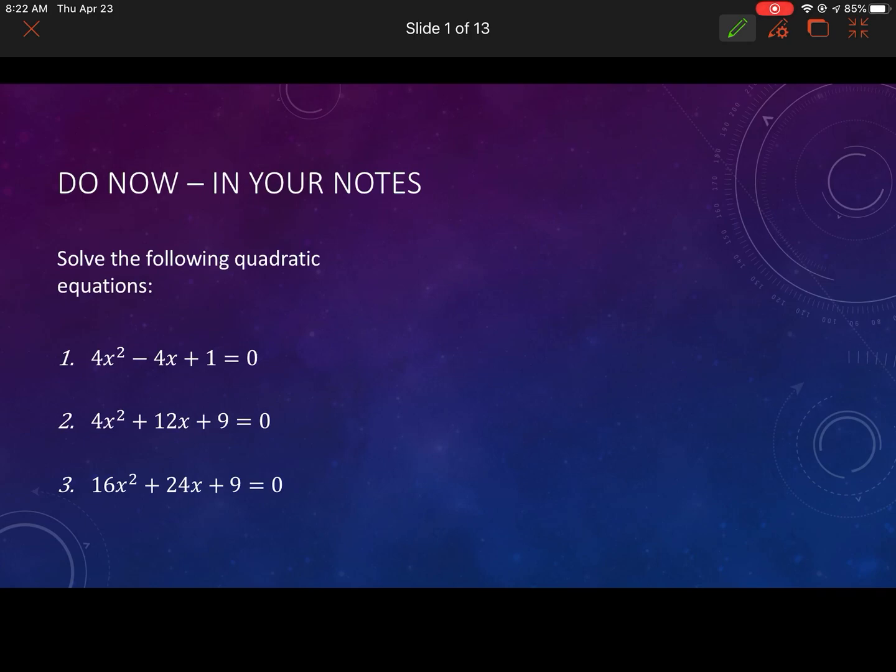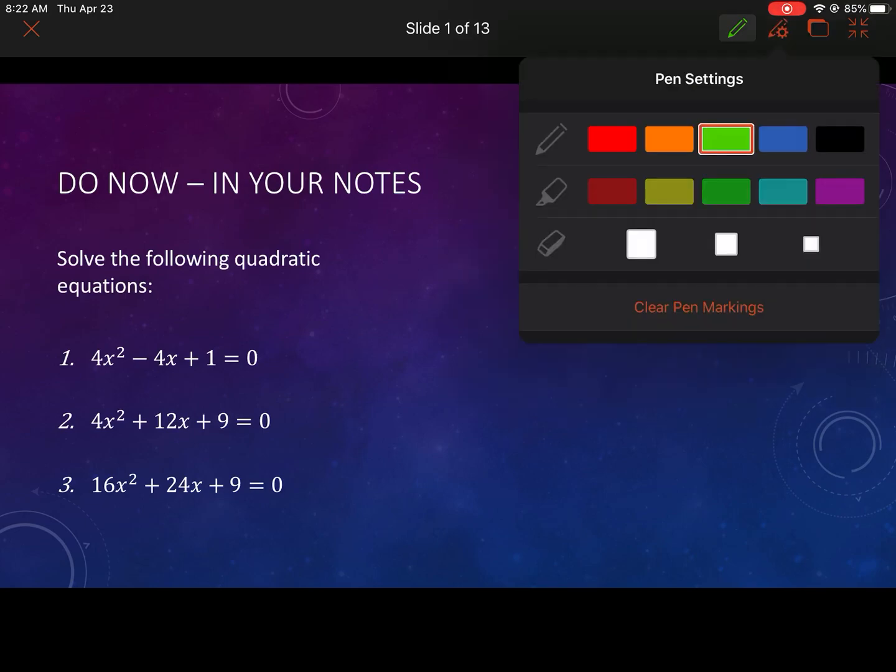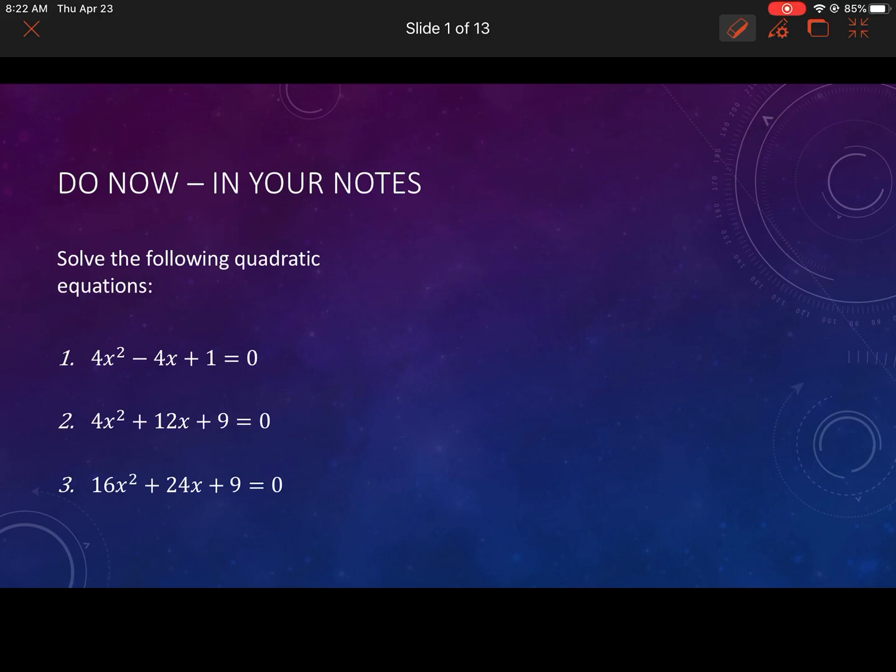Okay, so if you did this the long way, it might have taken you a couple minutes longer than normal because you have a number in front of the x squared. Or you could have noticed that these actually follow the a squared plus 2ab plus b squared format.